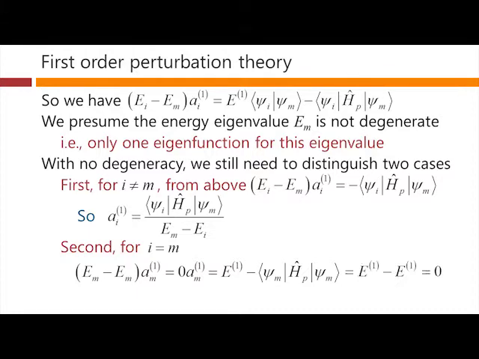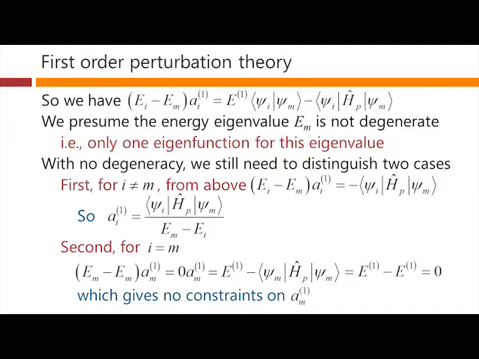But that is just our expression for E1, so we've also got 0. So we've got 0 equals 0. Well, what's the point of that? The point of that is that we have no constraints on what we choose for am1. Our algebra here does not tell us what am1 should be.